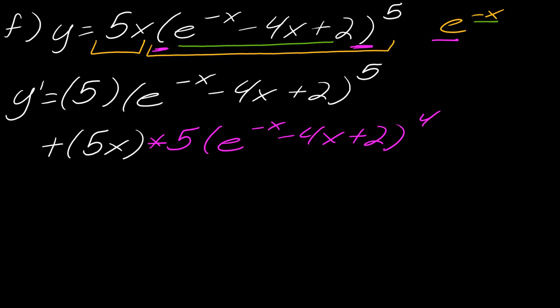As I work to multiply by the derivative of the inside, first I have to take the derivative of e to the negative x. This will be e to the negative x times negative 1, the derivative of the outside function times the derivative of the inside function. Then I take the derivative of negative 4x, which is just negative 4.